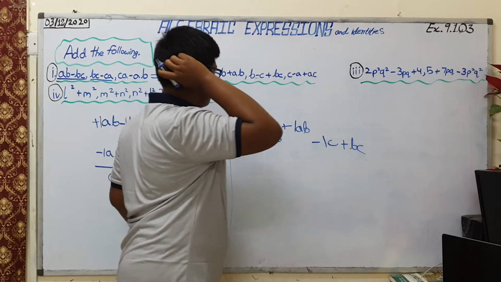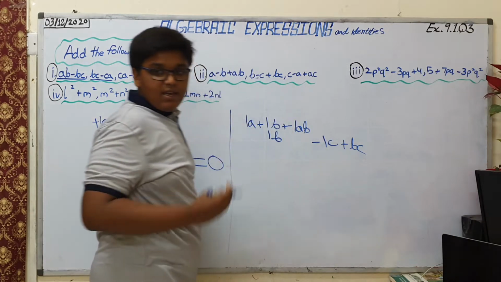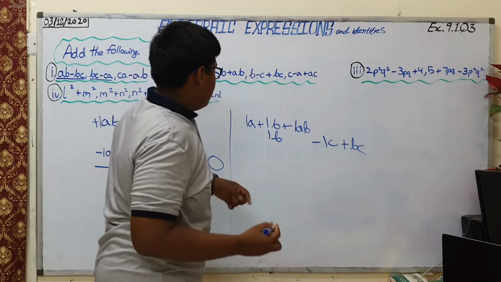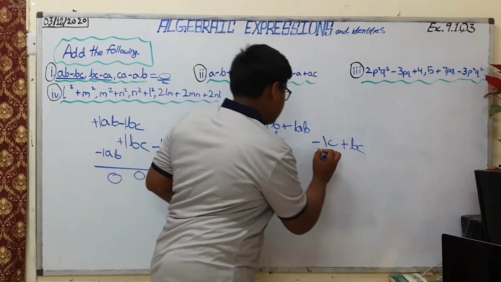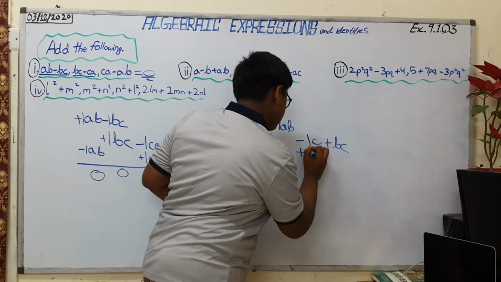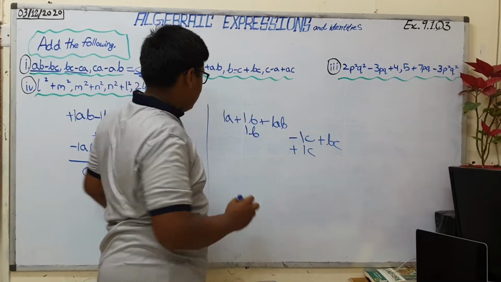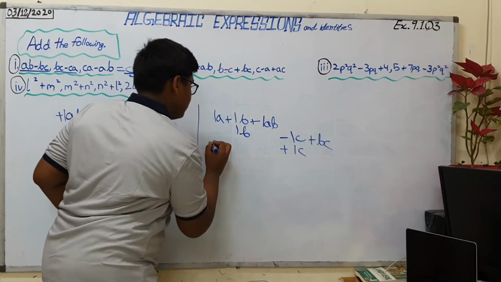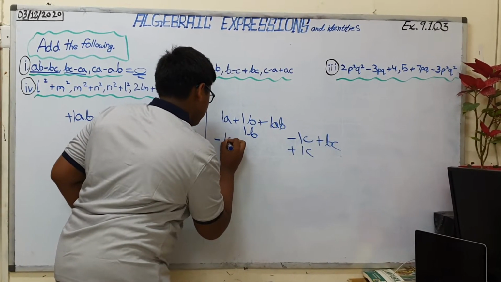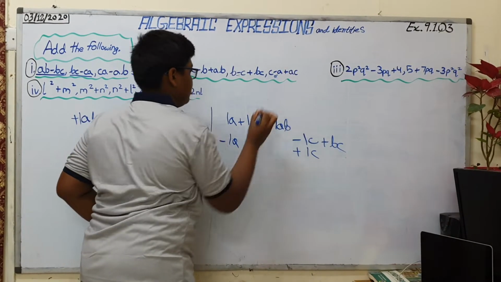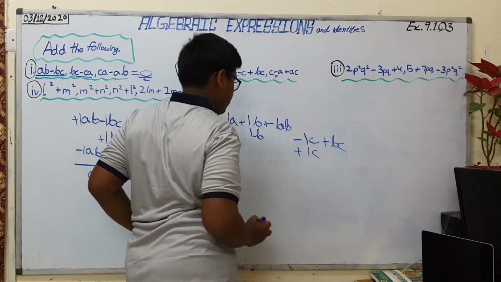Then what we are going to write is C minus A. Now what is C? C is here, so we are going to write positive C, then plus 1C. Then A. Now A is here, so we are going to write minus 1A because there is a minus sign here. And then plus AC. Now where is AC?